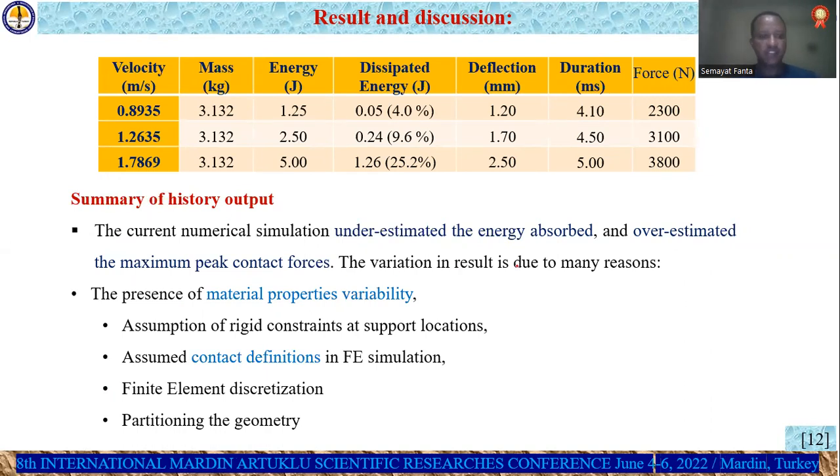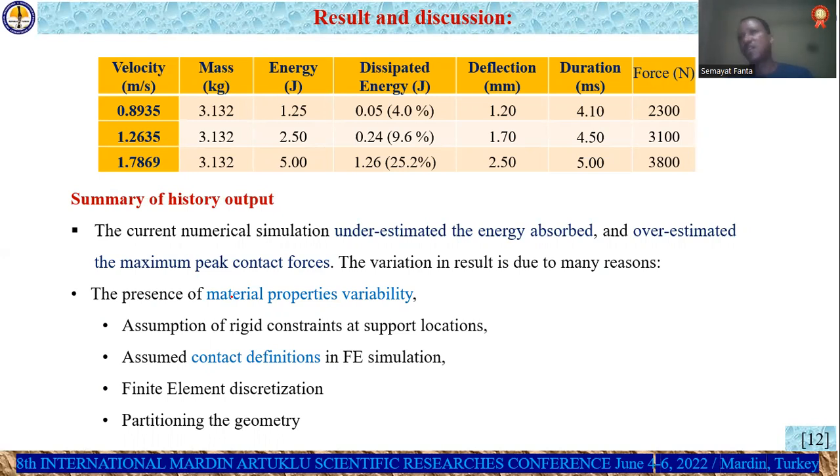The variation in the result is due to many reasons. One is the presence of material property variability. Another is the assumption of rigid constraint conditions, and the assumption of contact definitions in FEM.